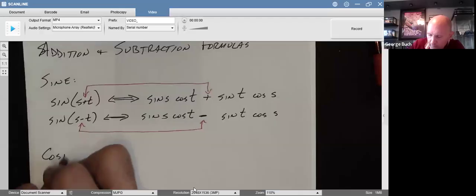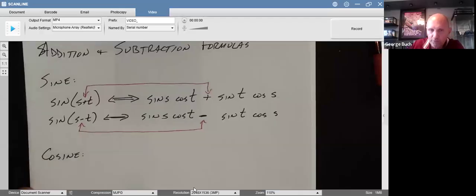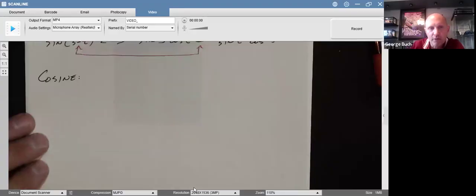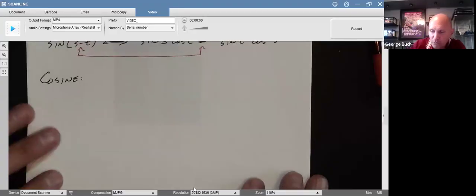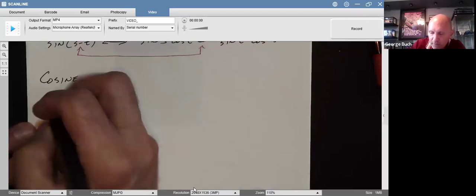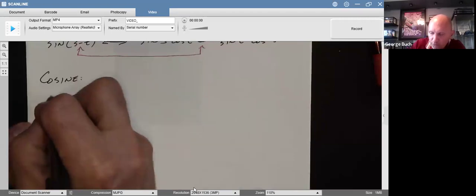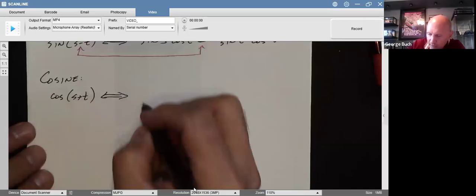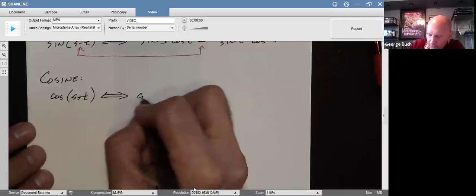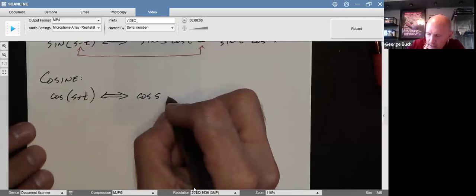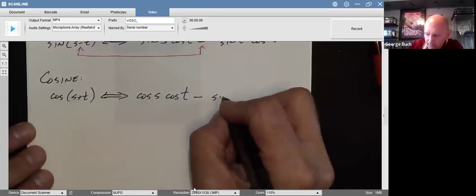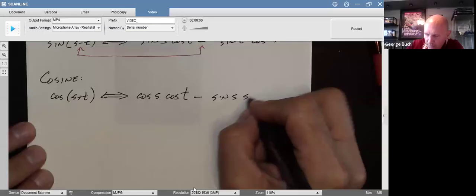For cosine, this differs. This is a little bit different. If you had to memorize this, then this is how you would try to remember it. But again, you will be given these on the final. But we have cosine of s plus t is the same as cosine of s, cosine of t minus sine of s, sine of t.